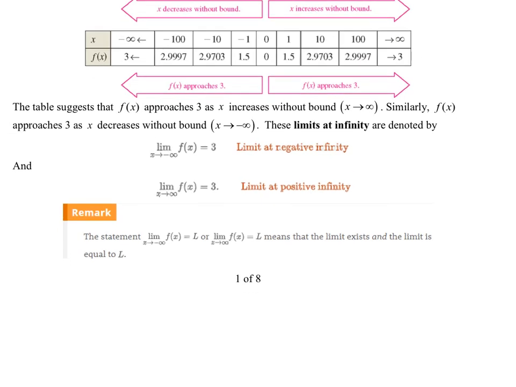It says the statement limit as x approaches negative infinity of f of x equals L, or limit as x approaches infinity of f of x equals L, means that the limit exists and the limit is equal to L. So when it went up towards infinity, growing without bound, and it went down towards negative infinity, decreasing without bound, technically those limits didn't exist because they don't equal a single number.